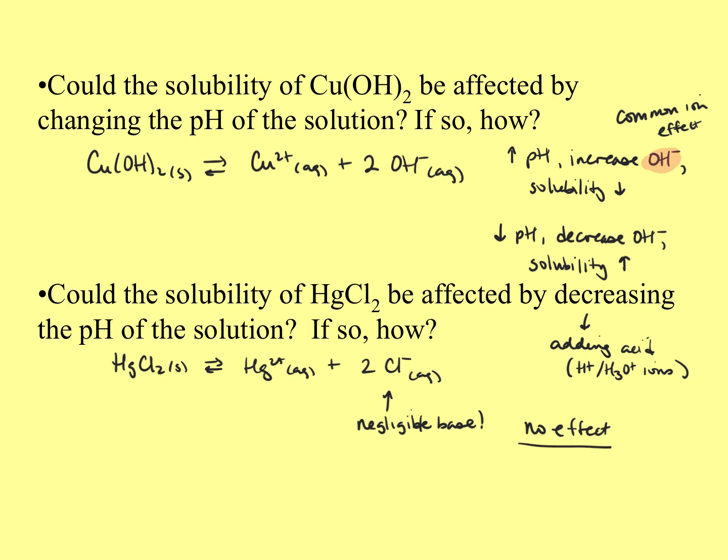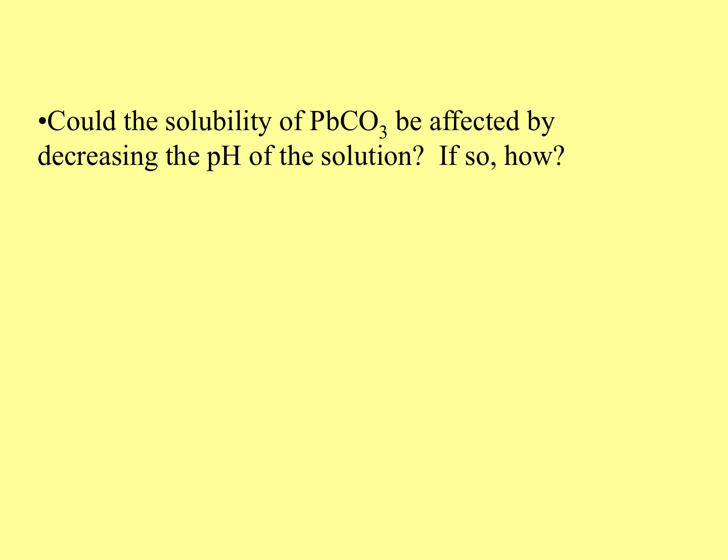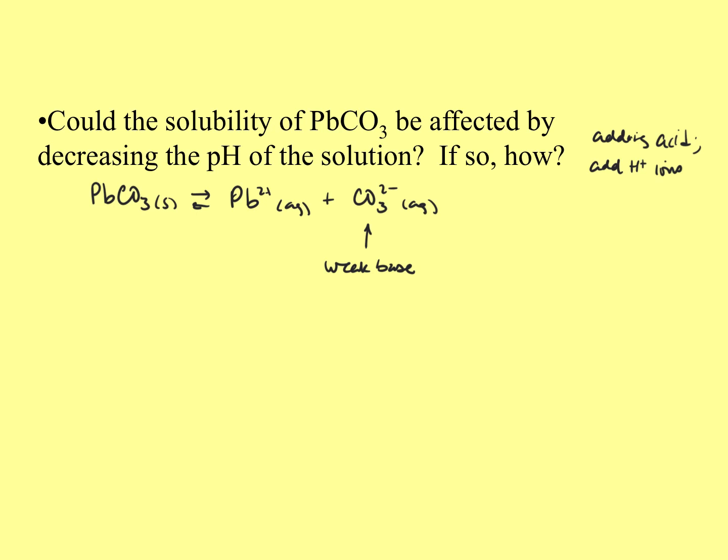Okay, let's do one more example. So I'm going to pause the video and think about this. So applying the thinking, adding an acid, again, means adding H plus ion, which would decrease the pH of the solution. So H plus, H3O plus ions are going to react with the base, which in this case is the carbonate ion. And the carbonate ion is a weak base, so it will therefore react with the H plus.